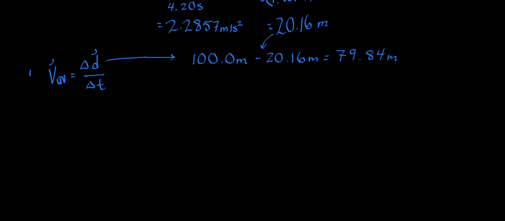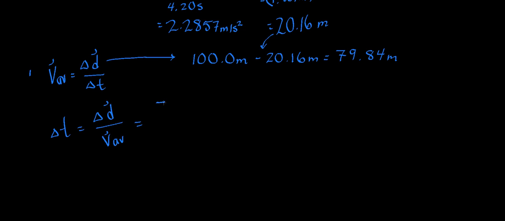Okay, so now we know the displacement of the object. We know the average velocity of the object. We're trying to solve for that time. So we want to isolate this equation for time. So time is going to be equal to the displacement of the object divided by that average velocity.